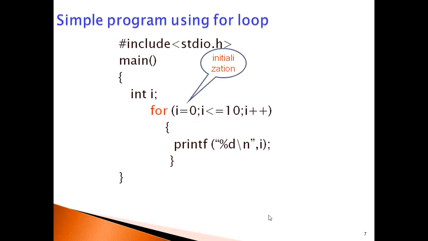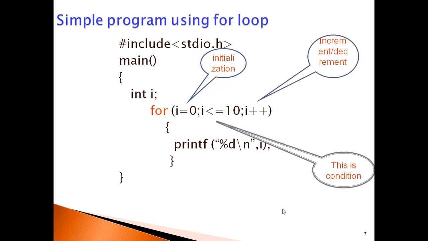This is the initialization, i equal to 0. This is the increment, i plus plus. This is the condition, i less than or equal to 10. In a single line, we are initializing the variable and checking the condition using the altering variable, and we are incrementing the altering variable to exit from the loop.